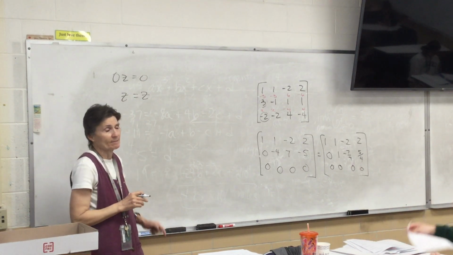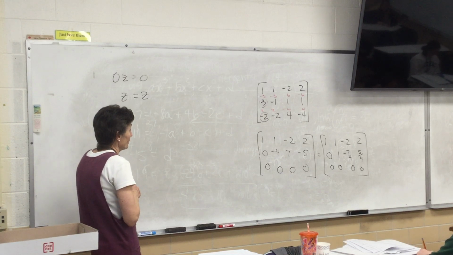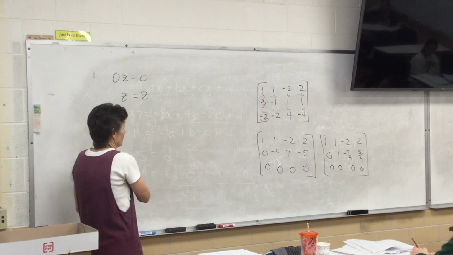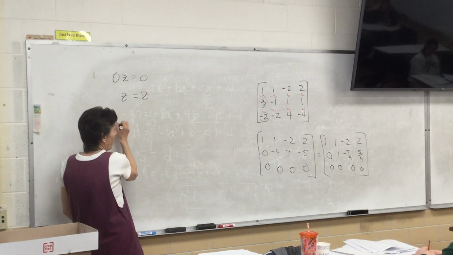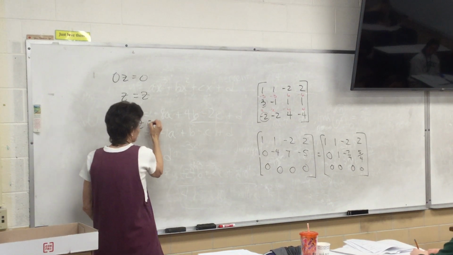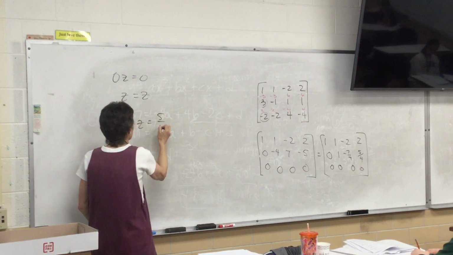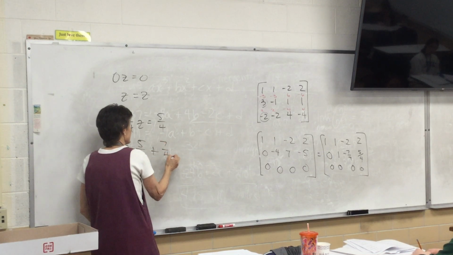Z is whatever you want it to be. Okay, now, the next row up in my last matrix, the middle row, says y minus 7/4 z equals 5/4. So y equals 5/4 plus 7/4 z.